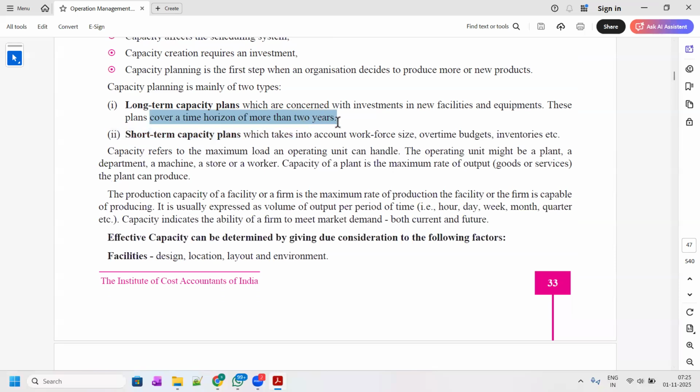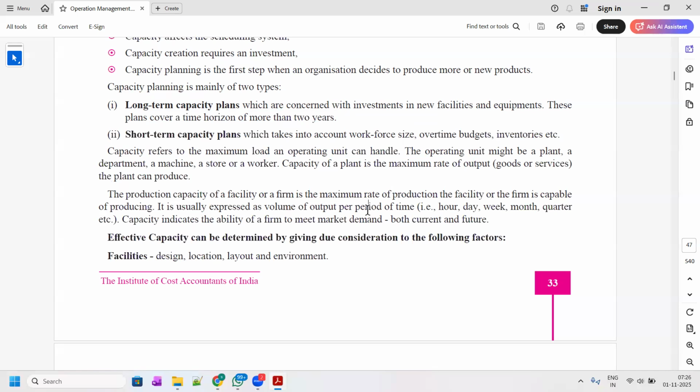When we are focusing on short term factors like workforce size, overtime, and inventory management, that comes under short term capacity plan. Here the short term plan takes care of parameters like workforce size, overtime budget, and inventories.